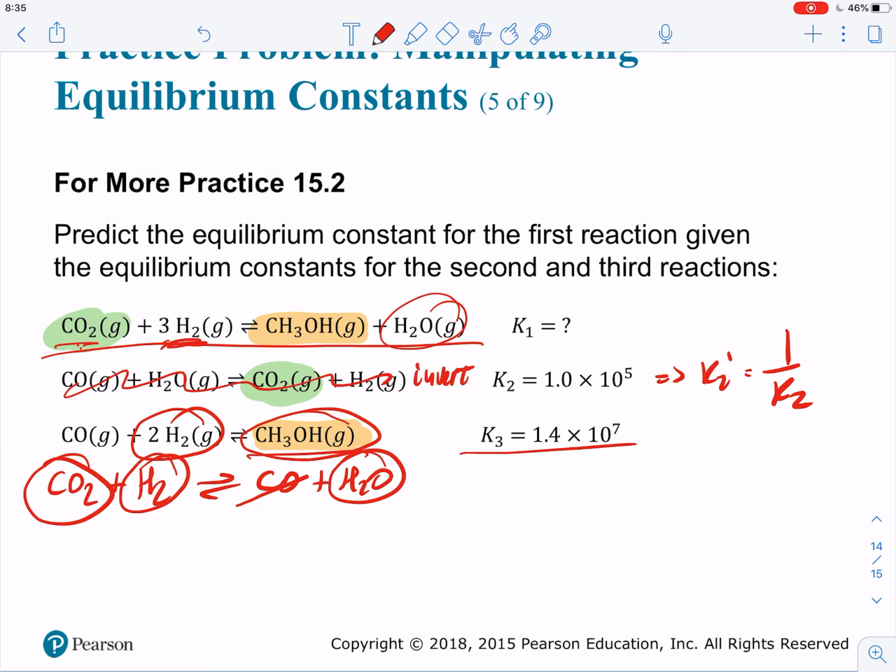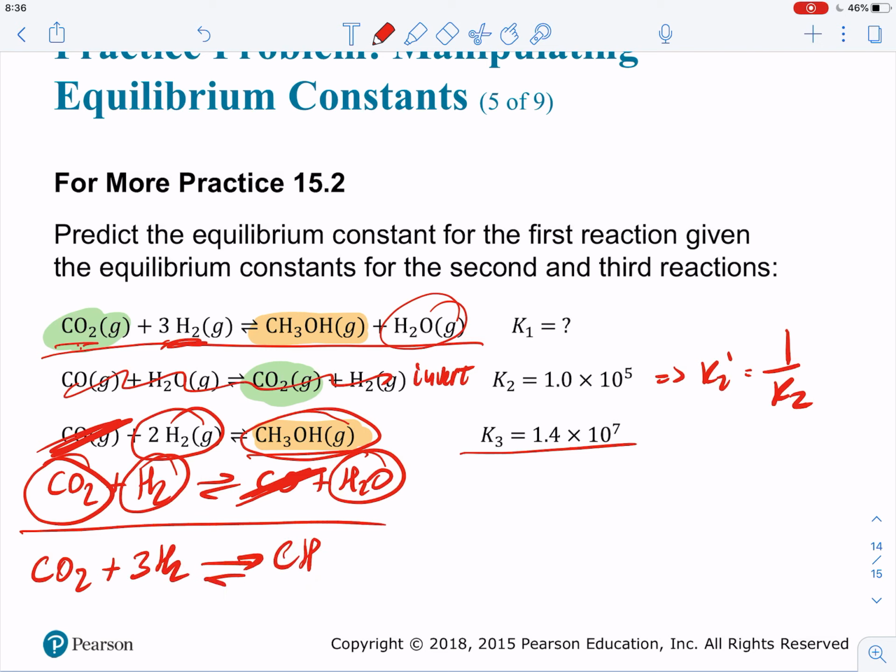So that means the carbon monoxide, we have to eliminate it. And you end up with CO2 plus 3H2 that goes to, this is an equilibrium, CH3OH plus H2O. What is the constant for that reaction? Well, what you did was to add those reactions together.